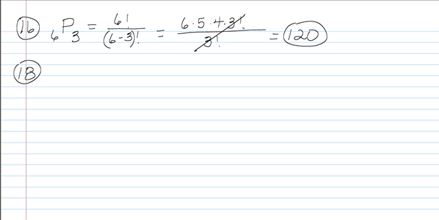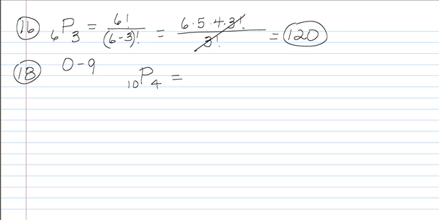Okay, so we have 0 through 9. That's 10 different digits. So it's going to be permutations of the 10 taken 4 at a time. Since we're not allowed to have repetitions, permutations can be used here. If repetitions were allowed, we would have to use the fundamental counting principle.